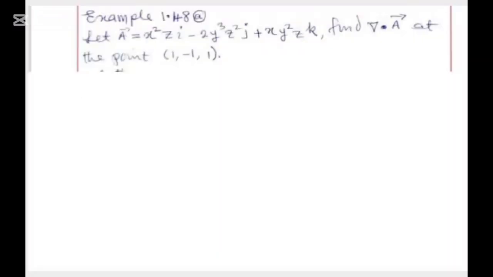So this question says let a be x squared z i minus 2y cubed z squared j plus x y squared z k. Find del dot the vector a at this point.